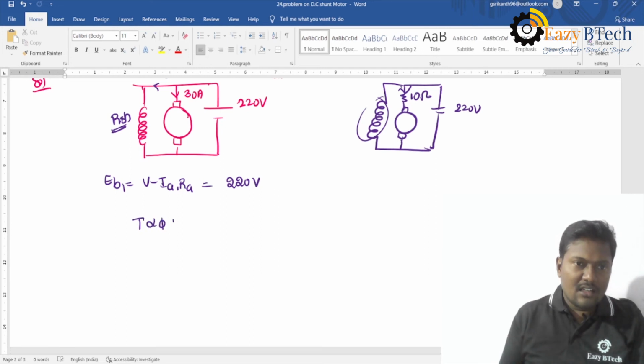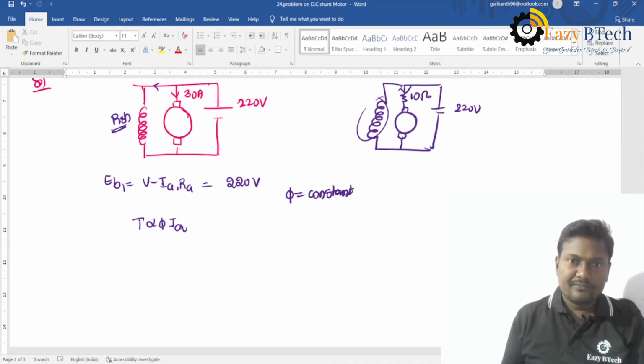The torque is directly proportional to flux into Ia, and the flux is constant. Why?